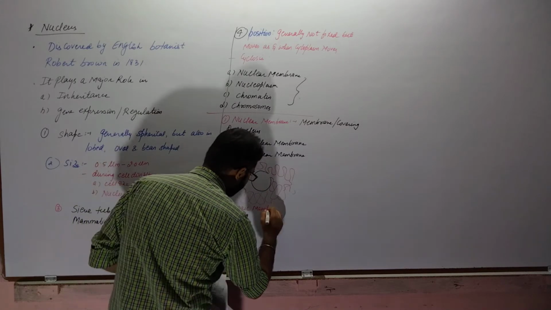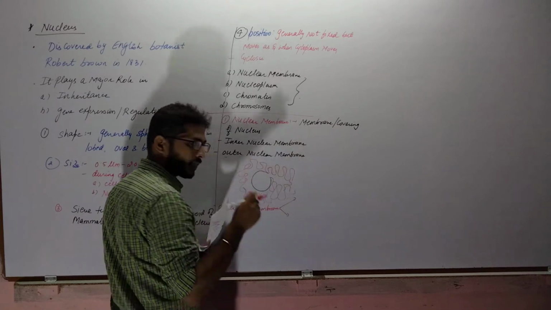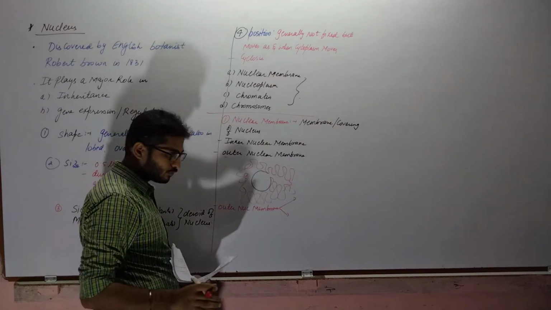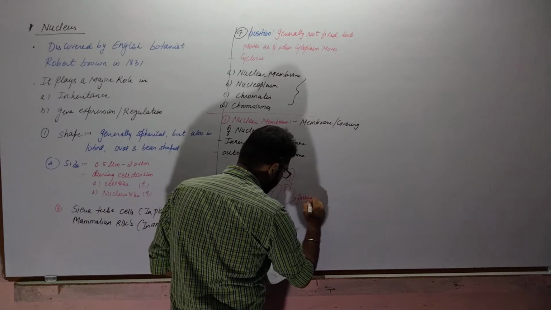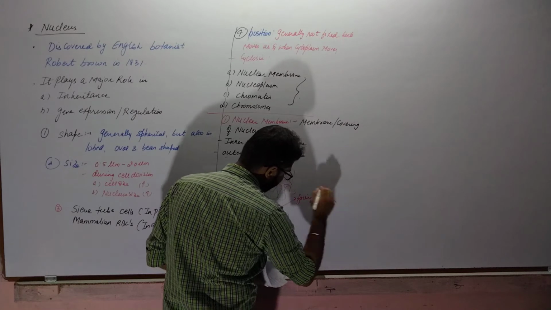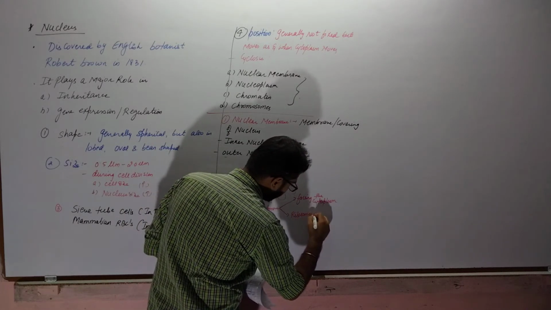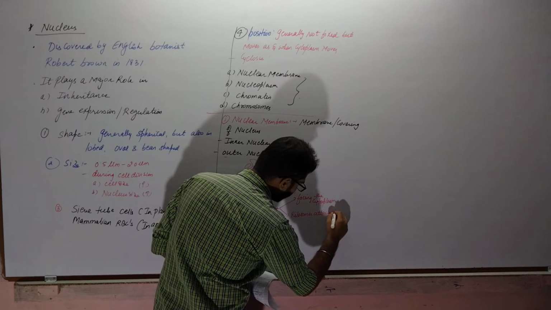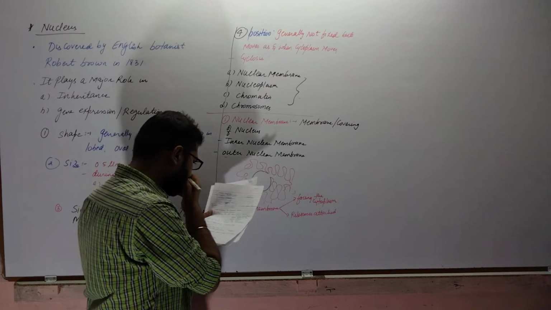What are the two key points of the outer nuclear membrane? First, it is facing the cytoplasm, and second, it has ribosomes attached. The inner membrane is basically inside.